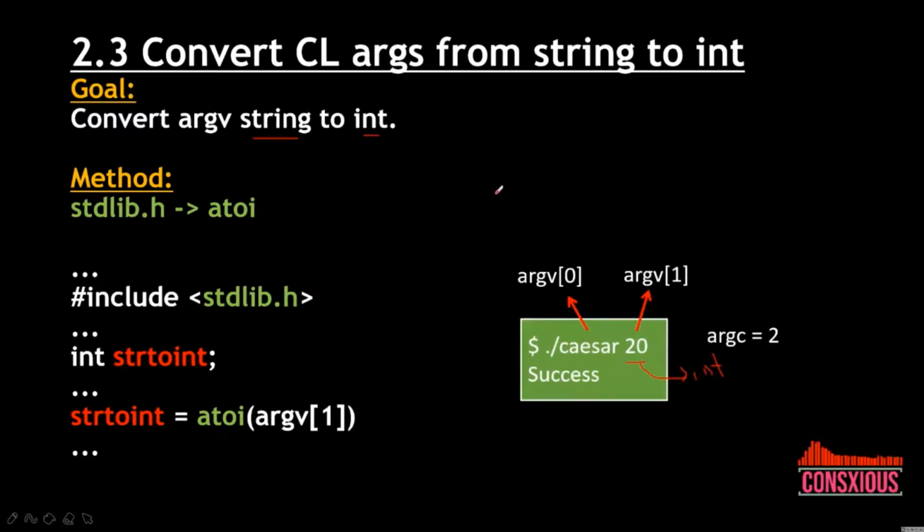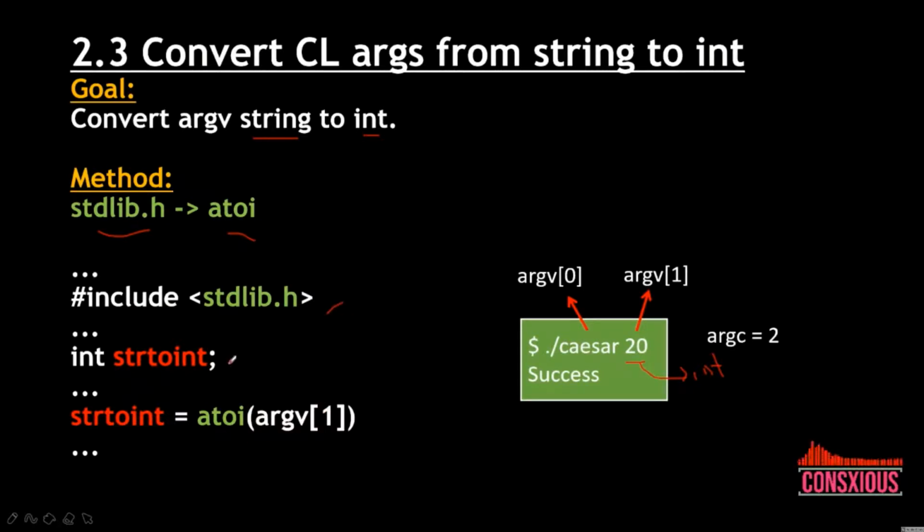So how are we going to do that? We're going to use a method called atoi. I'm not sure whether it is pronounced correctly. So we're going to use this library here, these functions here. How we're going to apply this is something like this. We have to include the library.